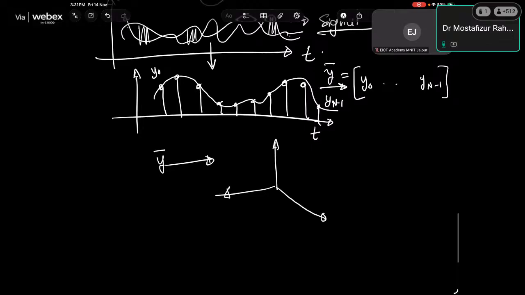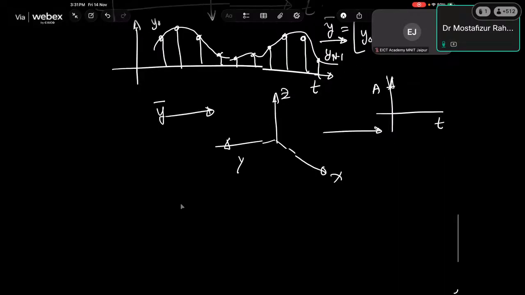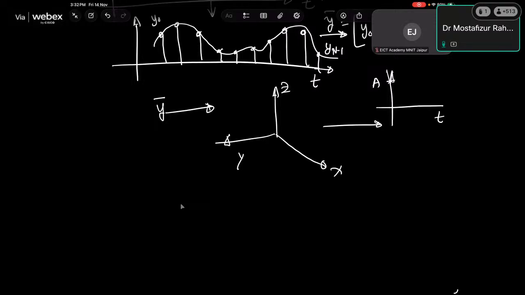This is Cartesian xyz, but this particular thing is basically time versus amplitude, t versus amplitude. We may need to represent the same vector in other basis sets. So you can represent your information y, which is a function of t, if that is the case.